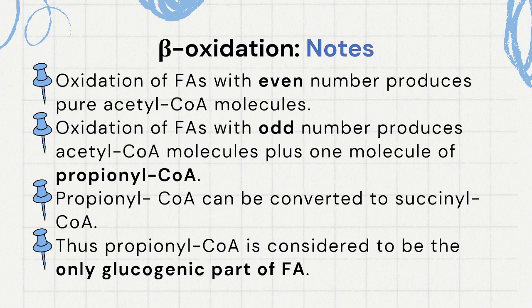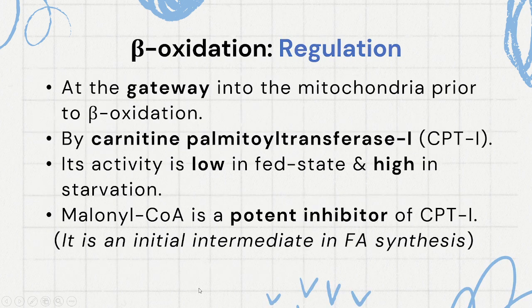This propionyl-CoA can be converted, as we know, to succinyl-CoA and can enter the citric acid cycle, and then it can gain entry into gluconeogenesis. Propionyl-CoA or propionate is one of the gluconeogenic intermediates. Propionyl-CoA is thus considered the only glucogenic part of the fatty acid.